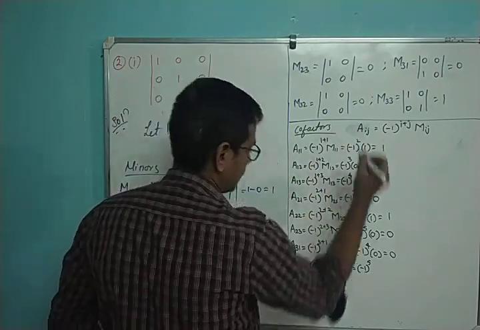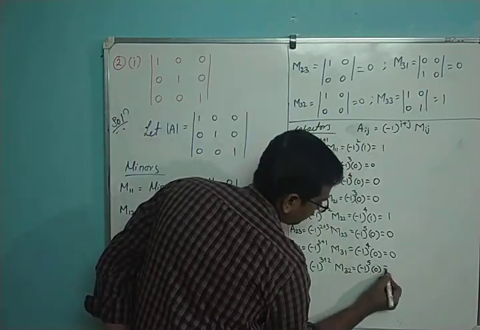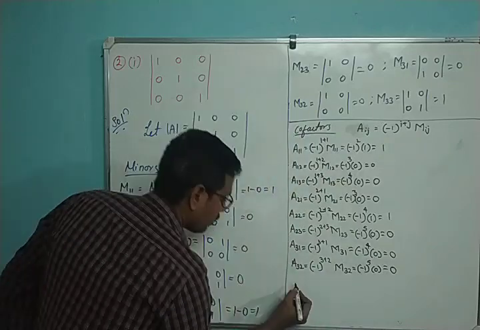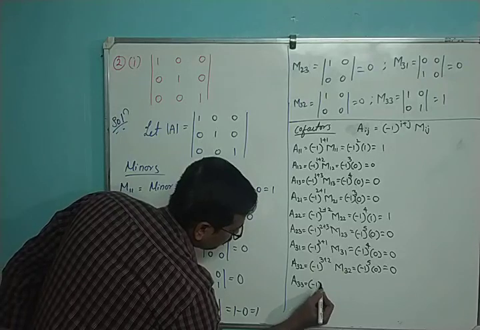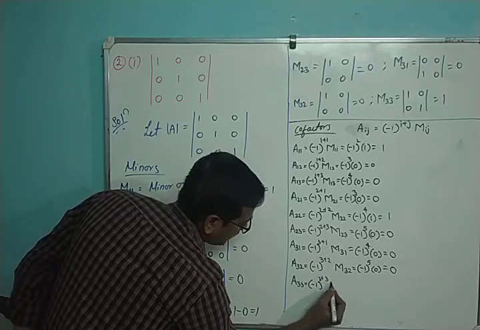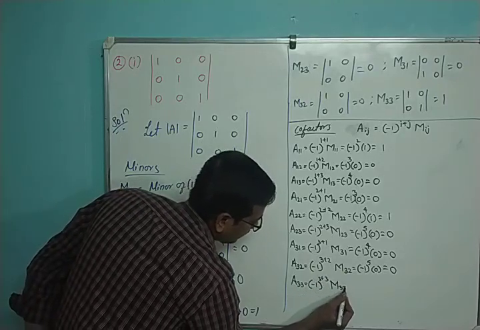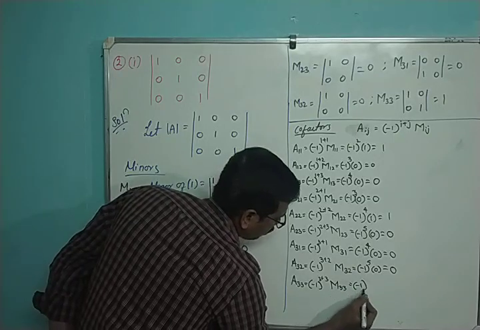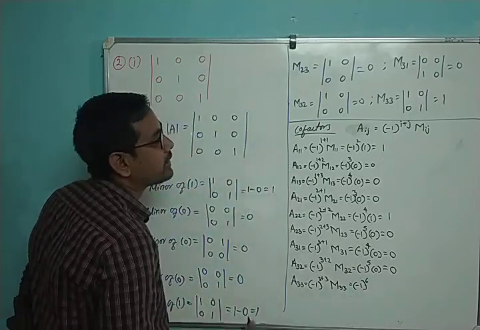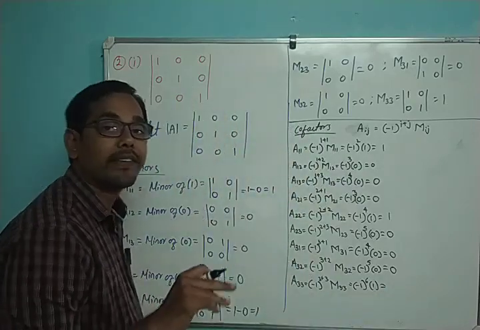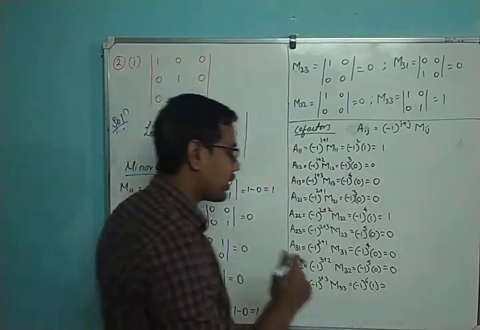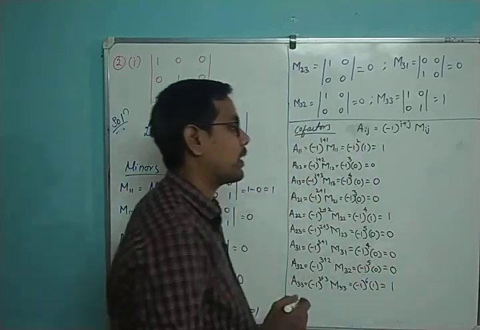M32 is 0. So the answer will be equal to 0. A33 is minus 1 to the power 3 plus 3 into M33. Minus 1 to the power 6 into M33, which is 1. So minus 1 to the power 6 is plus 1. Plus 1 into 1 is plus 1.